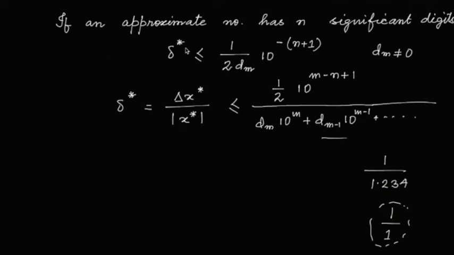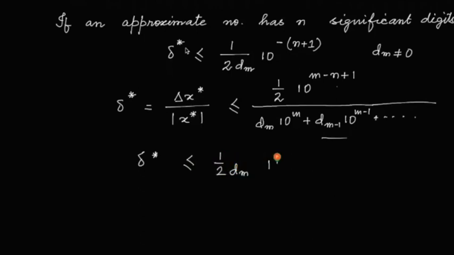If I round it off to the first digit itself, then the numerator by denominator is always greater than what is written here. It's straightforward, right? So which means I can write this as delta star less than or equal to half, 1 by dm, 10 to the power m minus n plus 1.